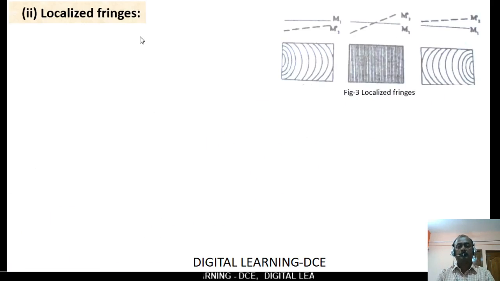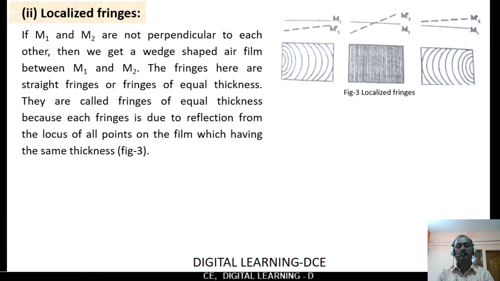Now the second type of fringes, that is localized fringes. For this one, you can refer to this diagram here. In the Michelson interferometer, if M1 and M2 are not perpendicular to each other, then we get a wedge-shaped air film between M1 and M2.